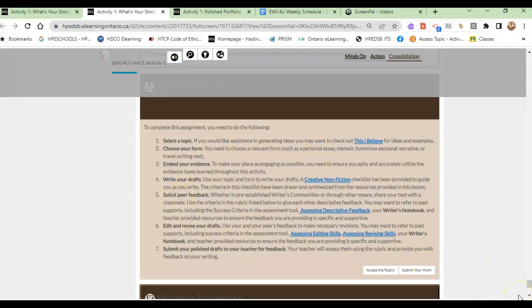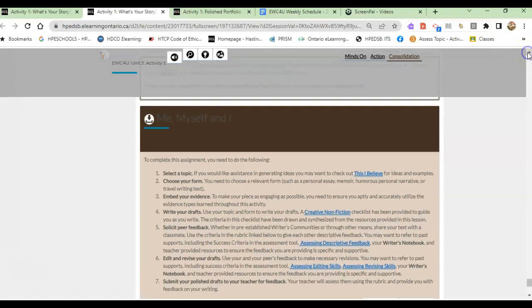It's often based on life events, so you can use the word I. You are the narrator of what this significant event was and what impact it had on your life. The outline for this assignment is in Unit 5, Activity 1. It's Me, Myself, and I.